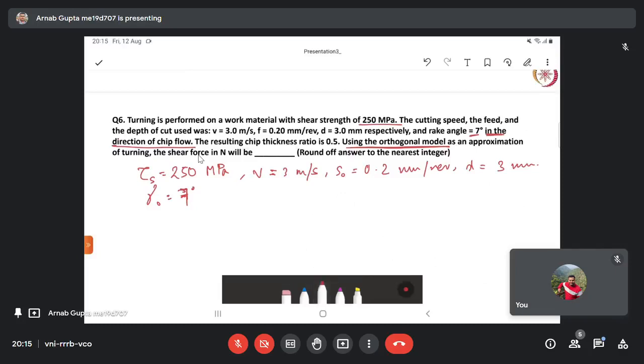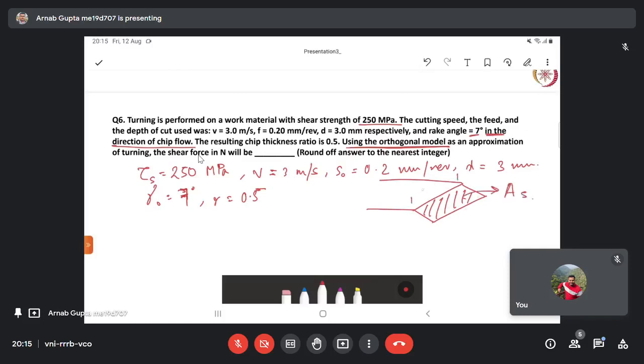The resulting chip thickness ratio r is 0.5. Using the orthogonal model as an approximation, find the shear force in Newton. In the previous problem, I already showed this diagram, right? I'm not drawing the tool again, I'm just drawing the shear plane here.